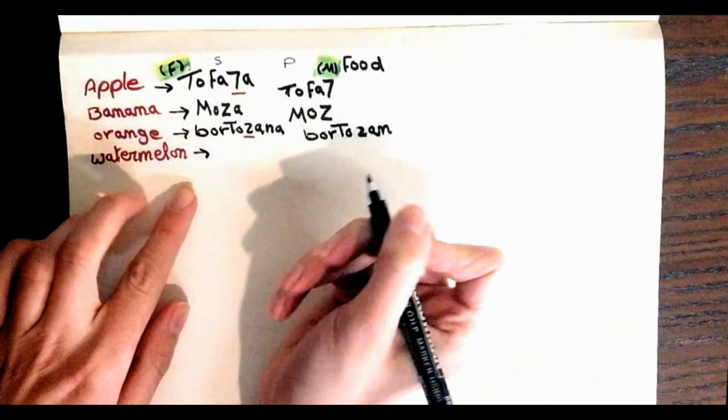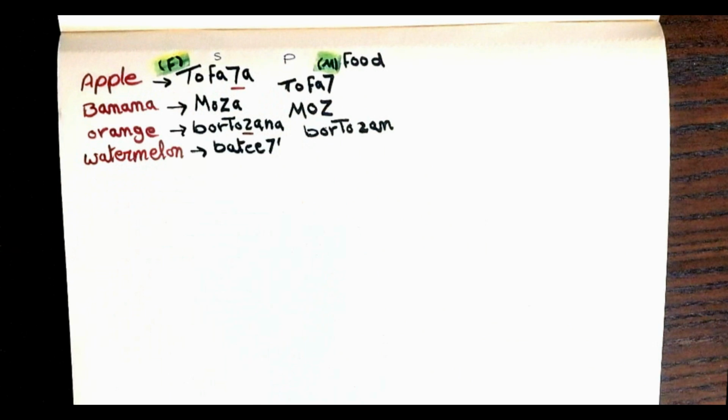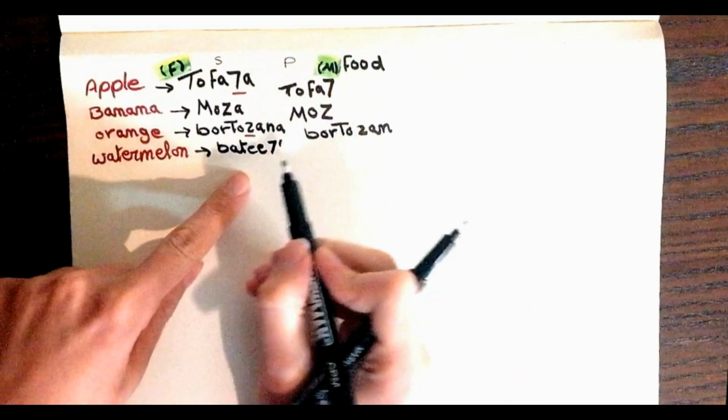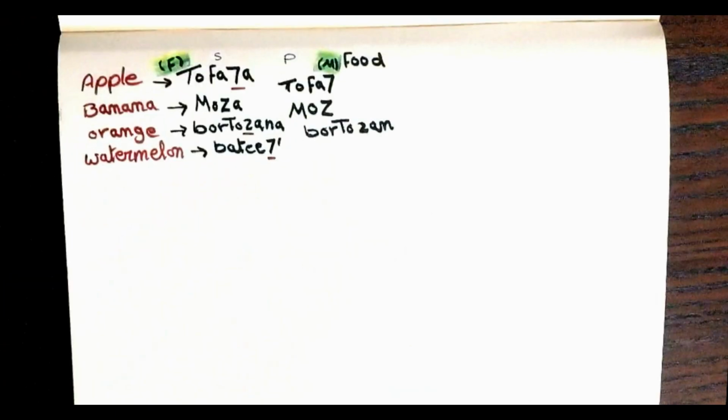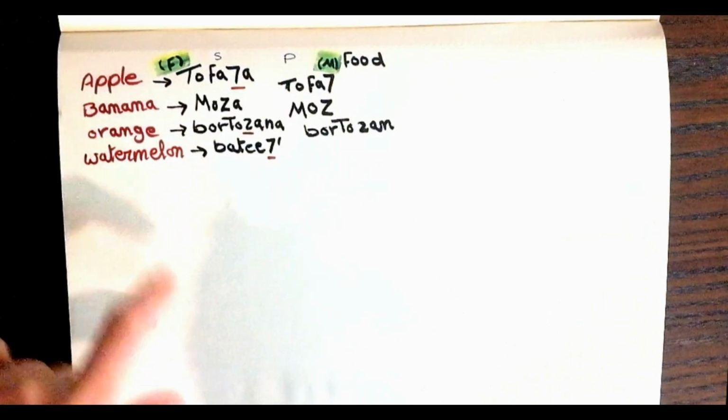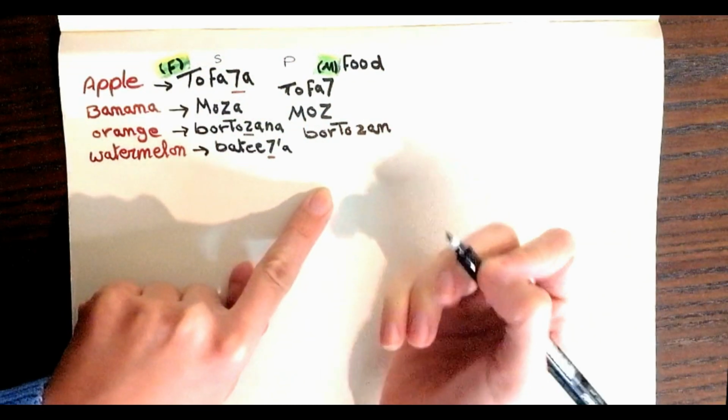Watermelon is بطيخ, and for the sound خ we use the number 7 with an apostrophe. Sorry, we're saying the singular form first, and the plural is بطيخ.